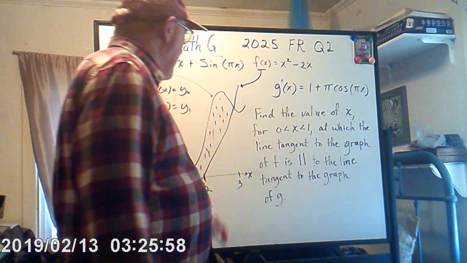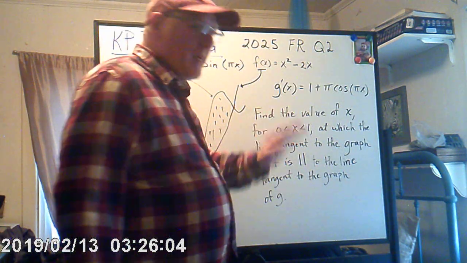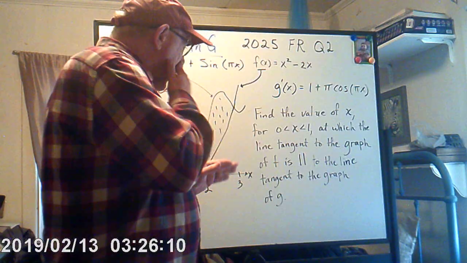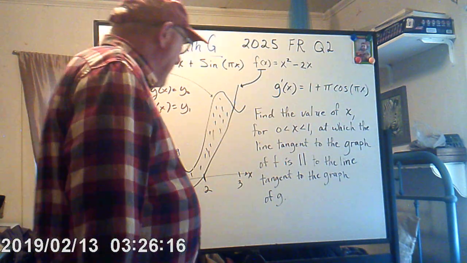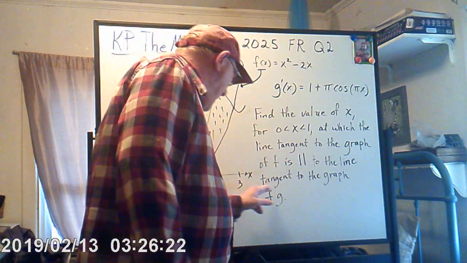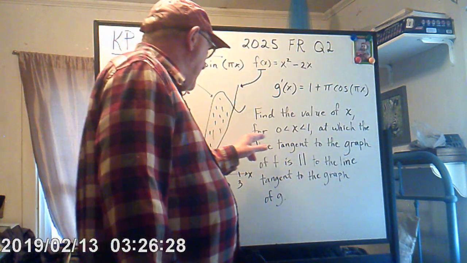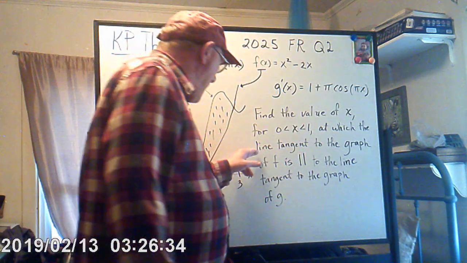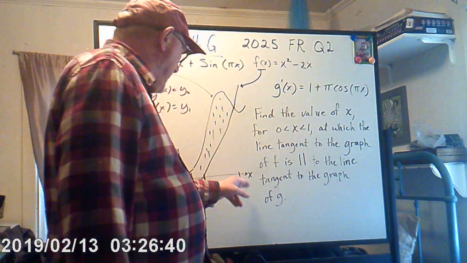Find the value of x for x between 0 and 1, that's important, at which the line tangent to the graph of f is parallel to the line tangent to the graph of g.